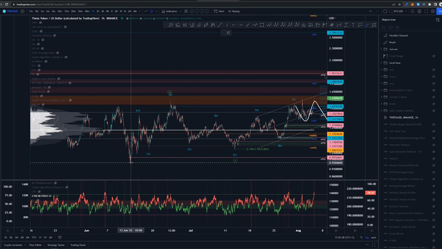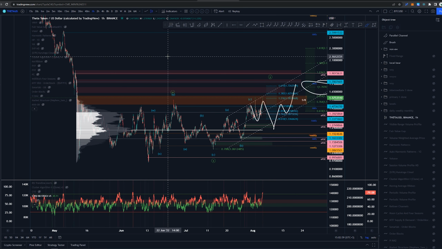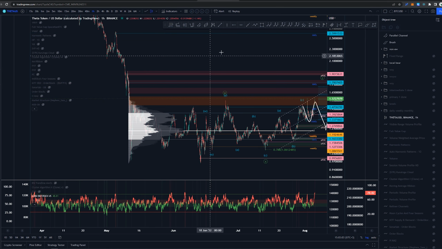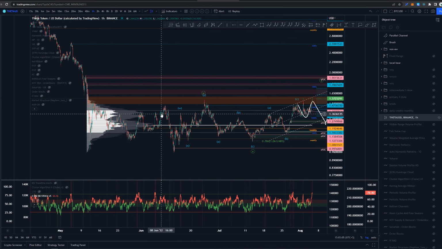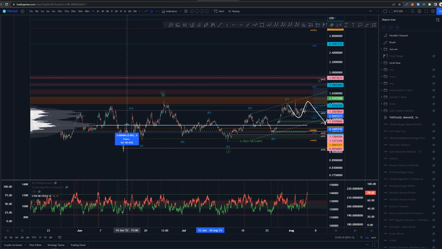This low here was put in June 13th, while the other market put in lows around 18th of June, which is this low. So it is in a bit of a weird area, this one, and I think from the 14th of June to 18th we had a massive dump, and on THETA we just didn't.